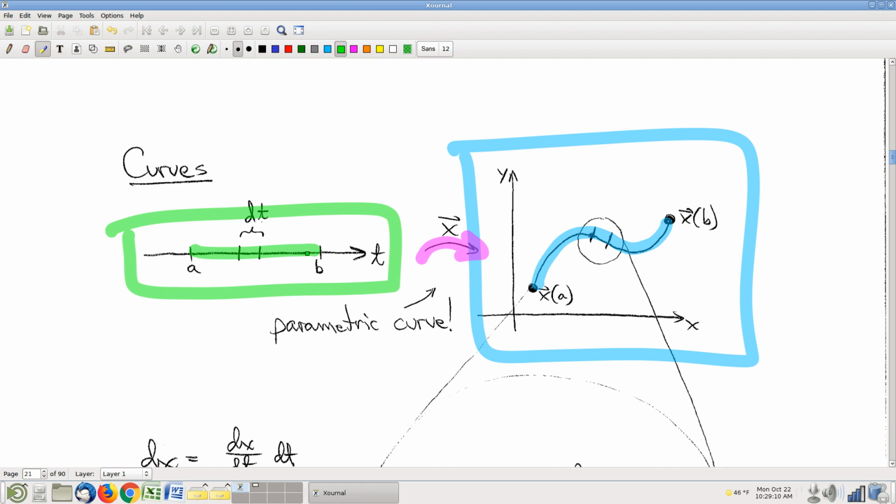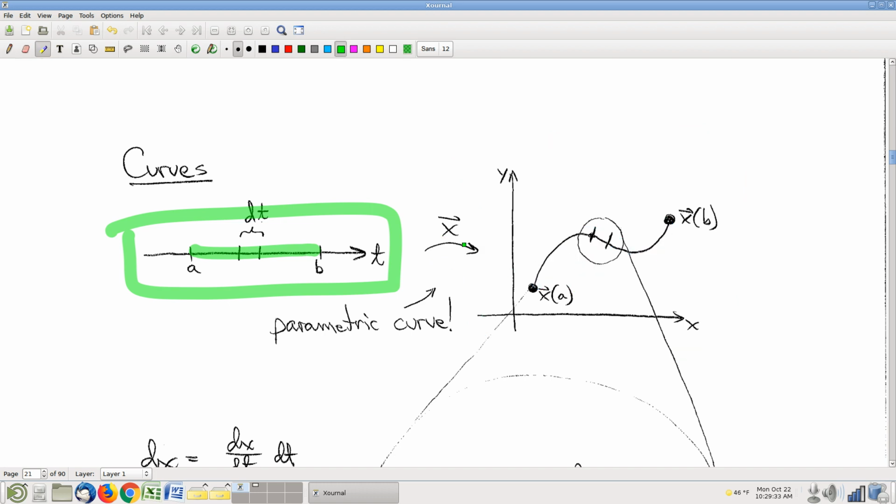It's not dimensionally out of place. So if I can view my undesirable curve, one-dimensional thing in a two-dimensional world, as the image of a perfectly acceptable interval, and if I can do a pullback, then we win, right? Because we're really good at doing integrals on intervals.